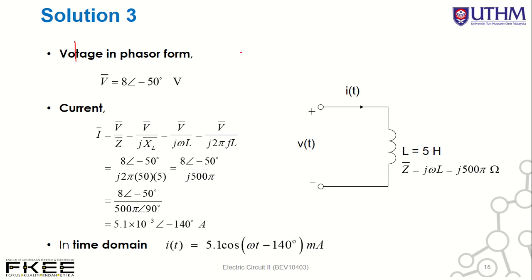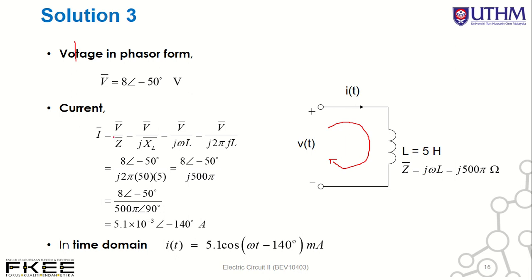So how to determine current? From the circuit you can determine current. No need to memorize the formula, because we know that V equal to IZ. V is given, so you need to determine Z. This is the phasor domain circuit, then you can calculate Z. Z equal to j omega L, omega equal to 2 pi f.